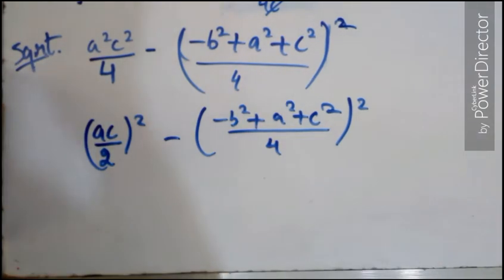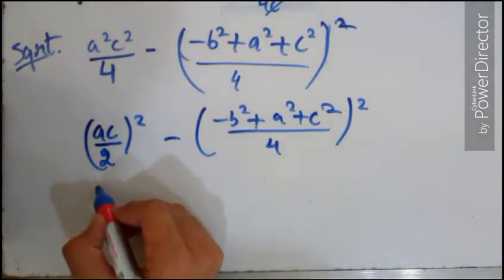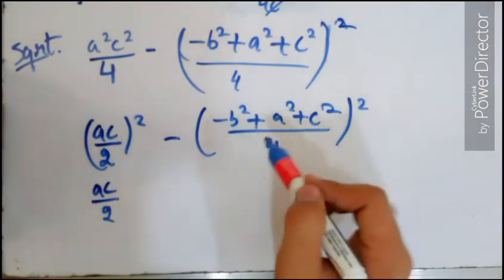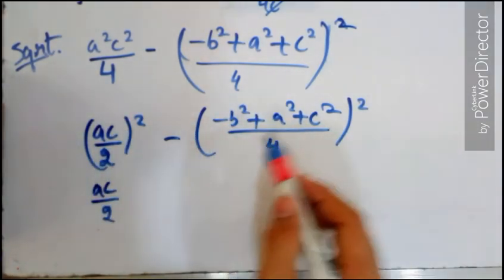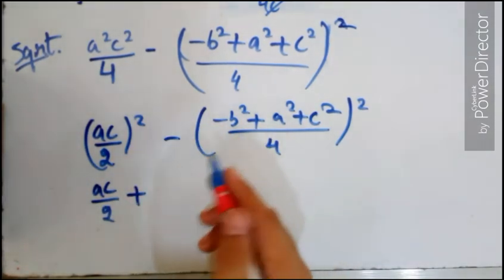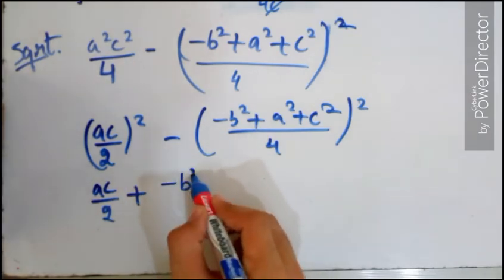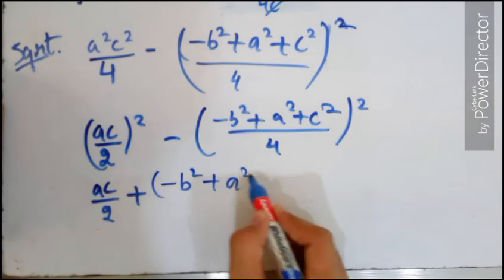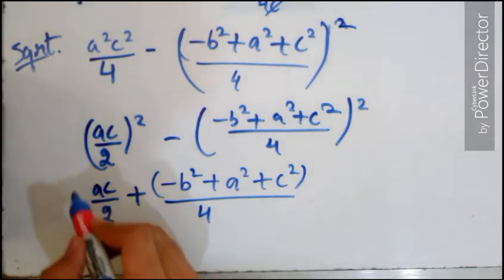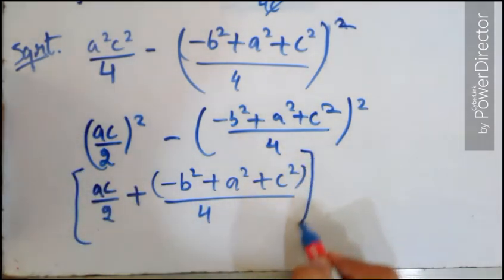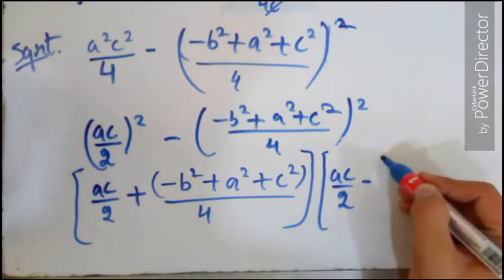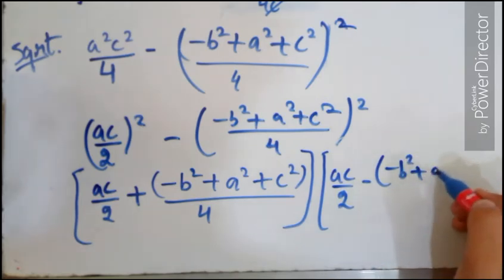So this is going to be equal to ac upon 2, that whole is equal to A, and this whole is equal to B, and A squared minus B squared is equal to A plus B into A minus B. I'm going to write the signs right. This is this only, that minus B squared plus A squared.